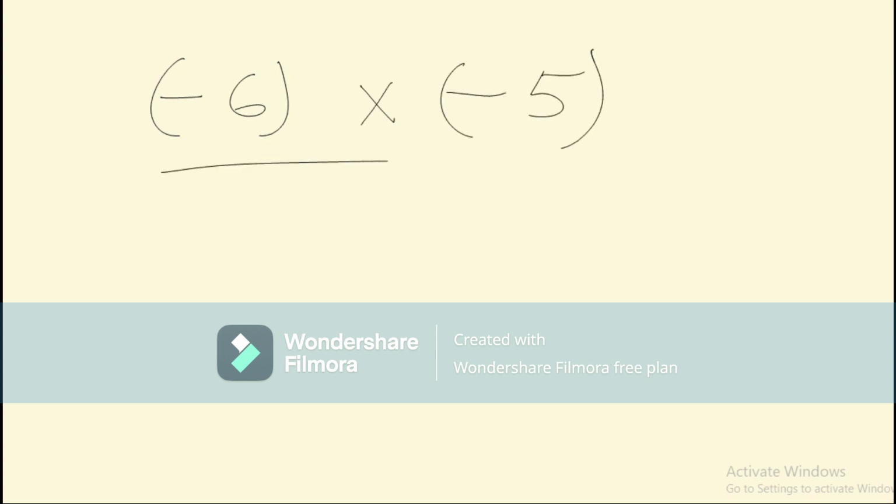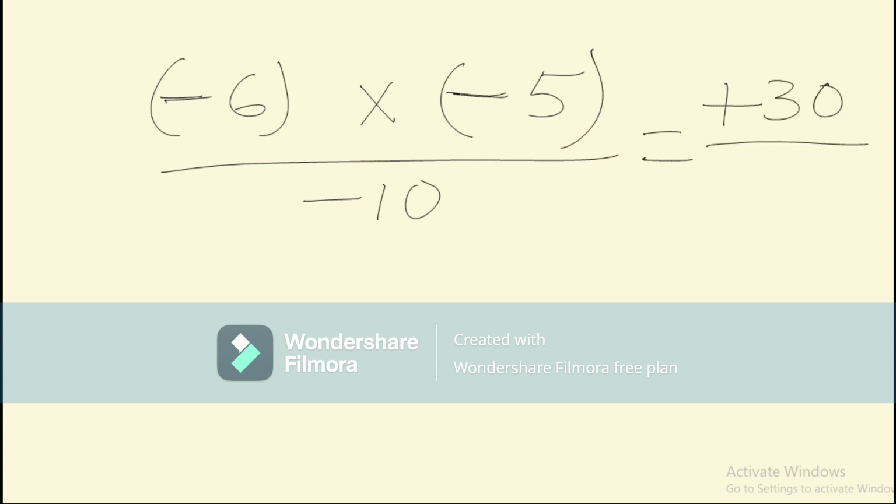Let's consider one more before we bring it to an end. Minus 6 times minus 5, everything divided by minus 10. Considering the numerator, we have negative times negative, that is positive. 6 times 5, that is 30, divided by minus 10.